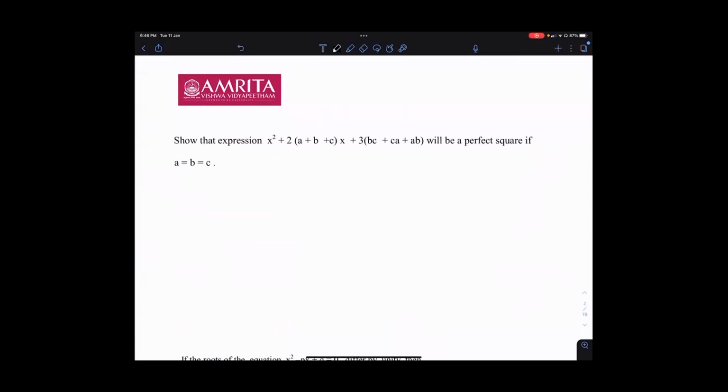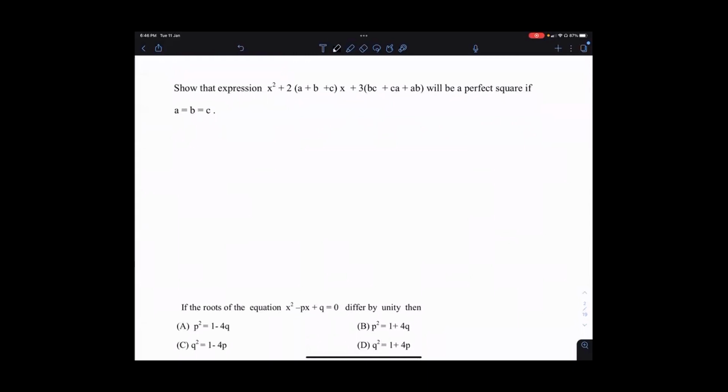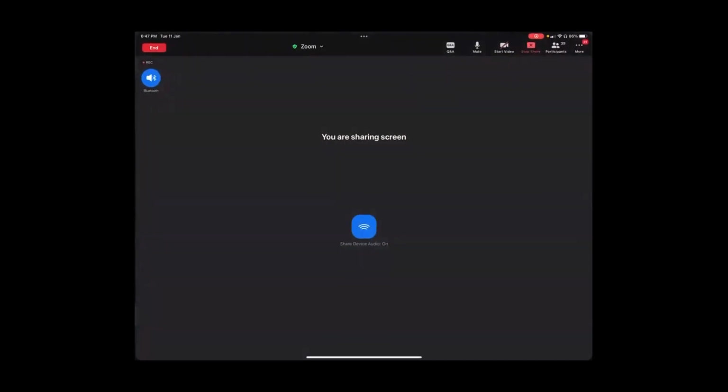And in between, if at any point a theory is required, you can unmute your mic and ask me to explain the theory. More or less, whenever the theory is required, I'll be explaining. Is there an option for you guys to unmute?